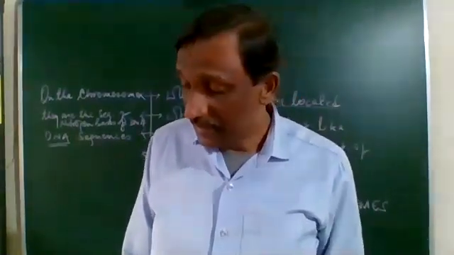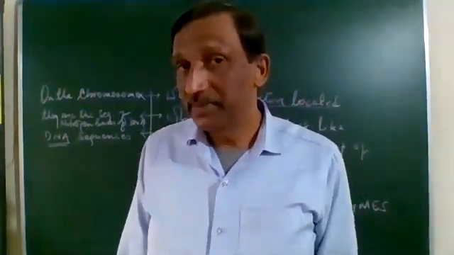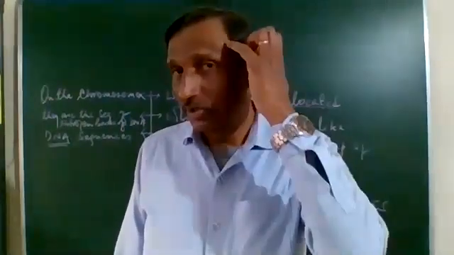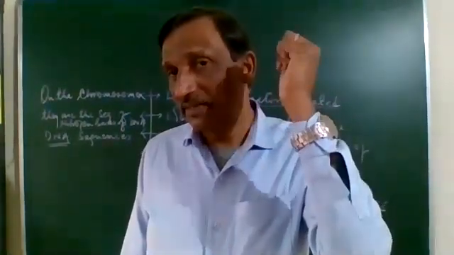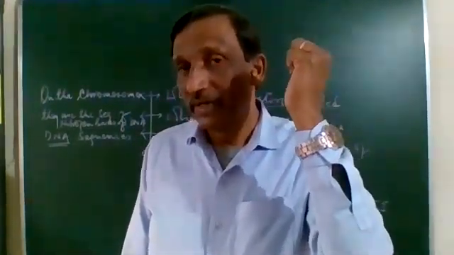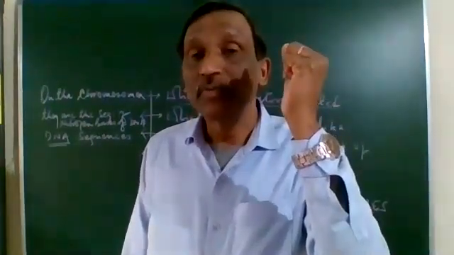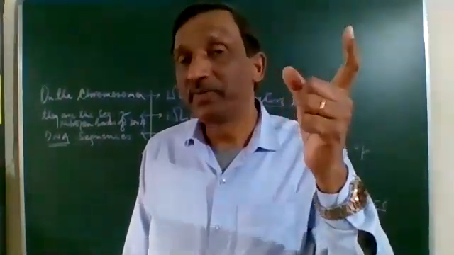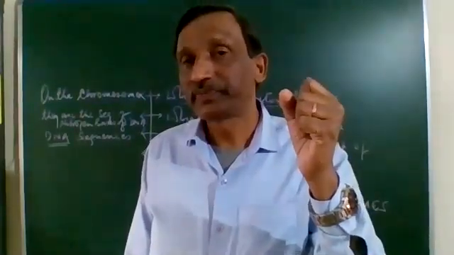Why is this darkness there? The darkness of the skin is because there is a mechanism of our body to protect itself from the harmful effect of ultraviolet radiation by the formation of melanin. Melanin is a kind of protein which gives the darkness.